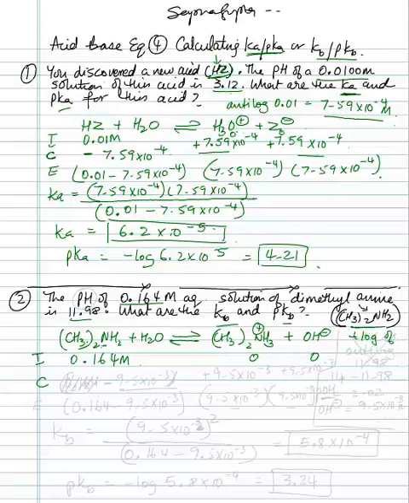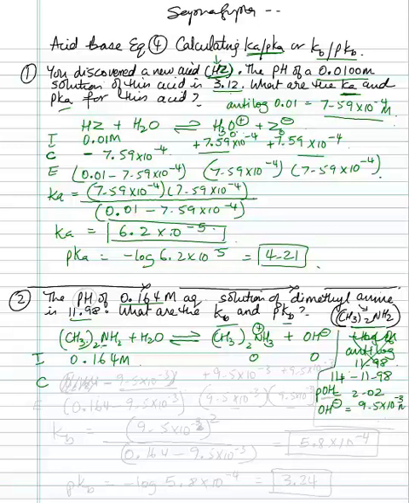But this is actually pH, which means we need to find the pOH first. So 14 minus 11.98 gives us 2.02, that's the pOH. And then the hydroxide ion concentration is the antilog of that, 9.5 times 10 to the negative 3 molar.